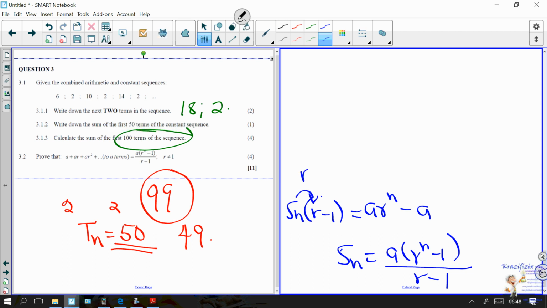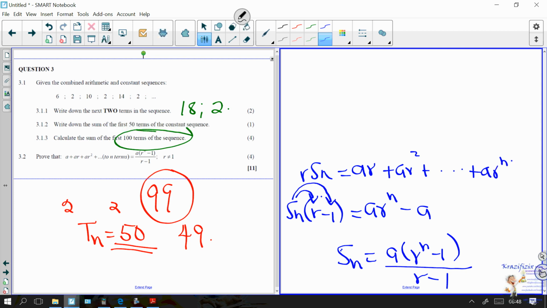What are you going to have? RSn, right? And I'm sure you know what your RSn is. It is A, because your Sn, the first time is A, but you're multiplying with R, and then you increase the exponent until you get to AR^n.